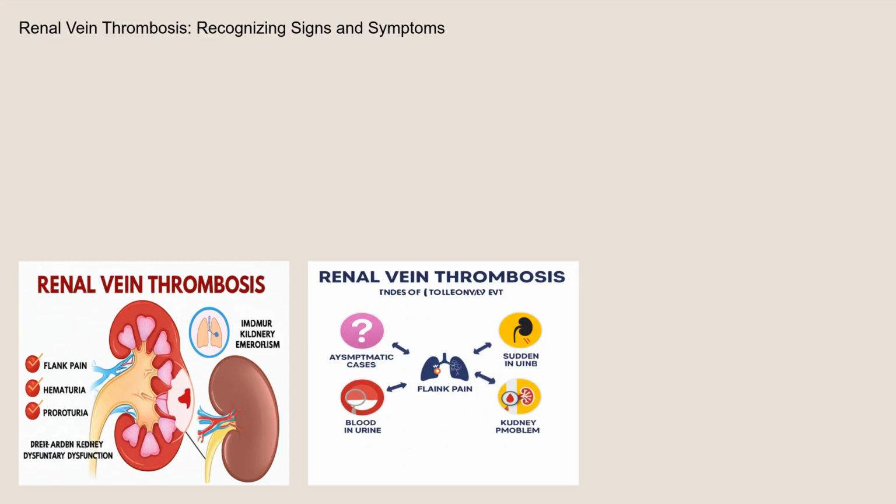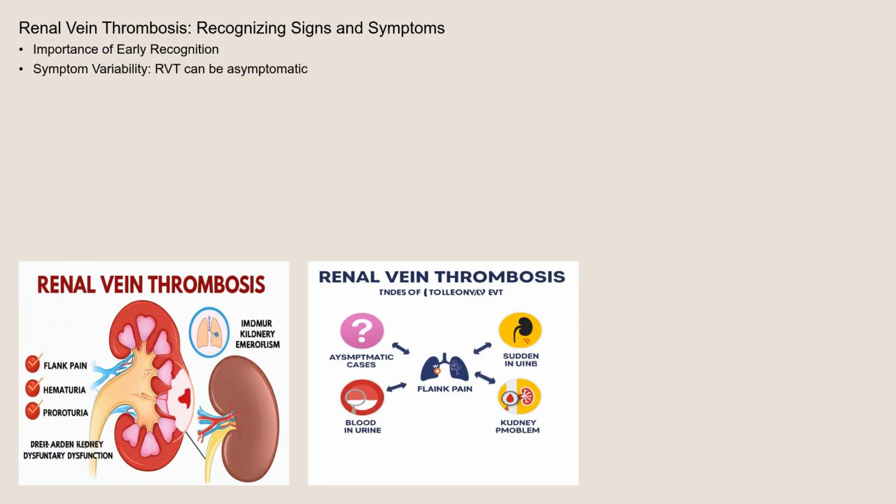Recognizing the signs and symptoms of renal vein thrombosis is crucial for early diagnosis and treatment. However, symptoms can vary widely, and in some cases, RVT may be completely asymptomatic, especially if it develops gradually. When symptoms are present, they can include flank pain in the side of the body between the ribs and hip. Hematuria, or blood in the urine, is another possible sign.